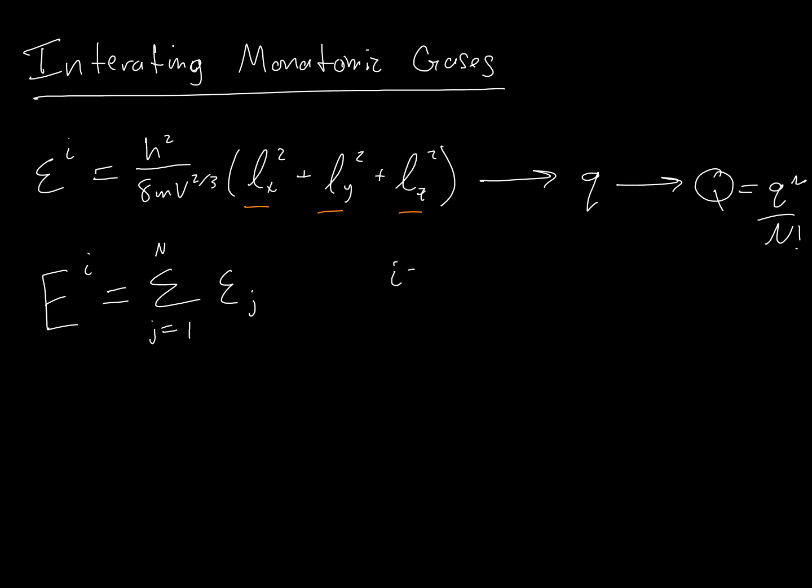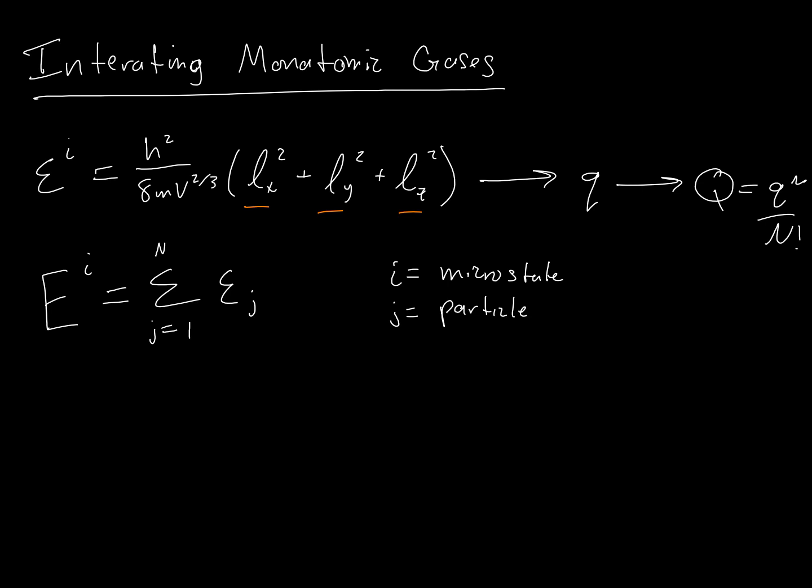In this case here, i is the microstate, and j is the particle. This is very slightly different than what we had done before, right?